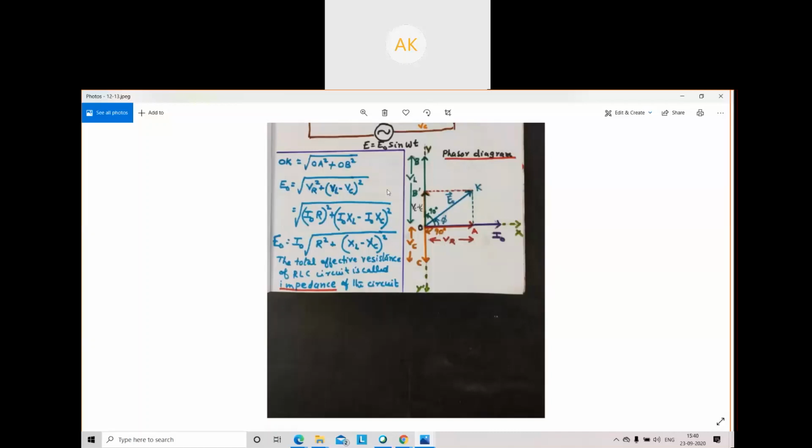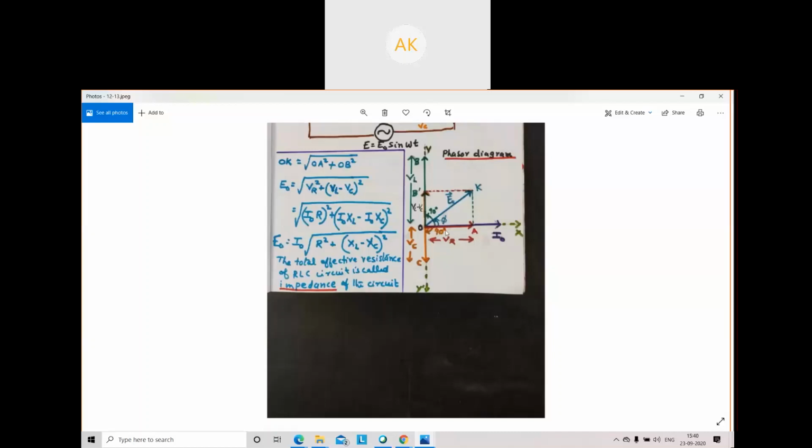But 2AB cos theta is not seen here. Why? Can you tell? That is the general formula we have studied, but here the 2AB cos theta term is not there. Can you tell why? Suppose A is this and B is this. In 2AB cos theta, what is the angle between them?